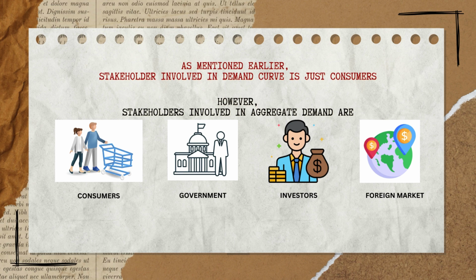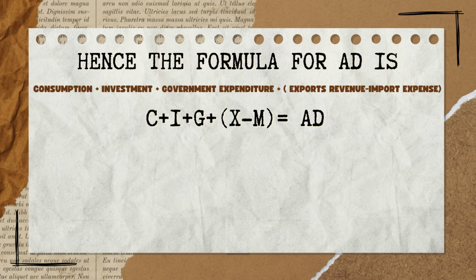So we know all this, right? But how do we measure aggregate demand? Is there a formula for aggregate demand? Moving on, this is the formula. Aggregate demand is measured by the four stakeholders: consumers, investors, government, and the foreign market.